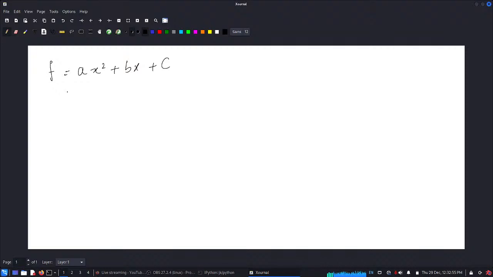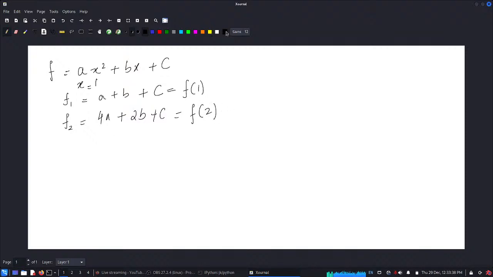Now if I say x equal to 1, I want f of 1, it will be a plus b plus c. And this I usually write in a different way: f of 1. If I want to calculate for 2, it will be 2 square for a, 2b plus c, so this is f of 2.